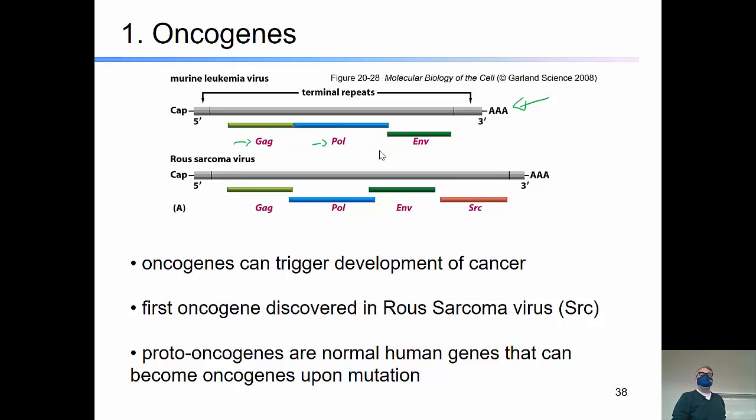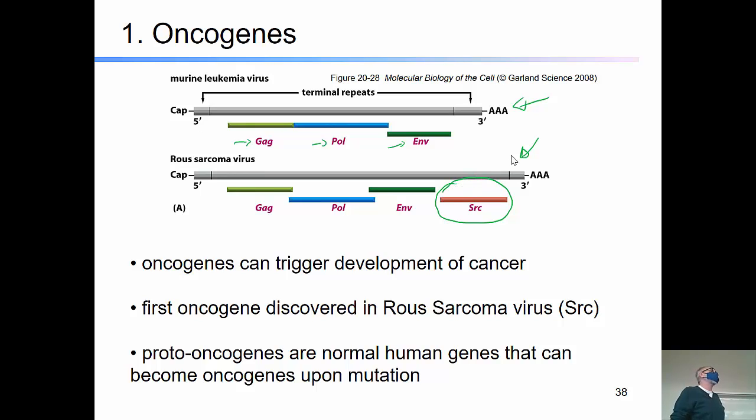These are for replicating the virus, and these are for the envelope around it. And the first oncogene that was discovered was in a virus that caused cancer in chickens.